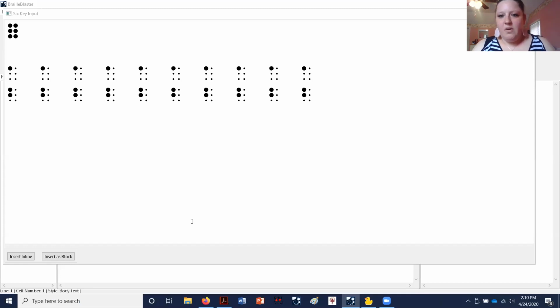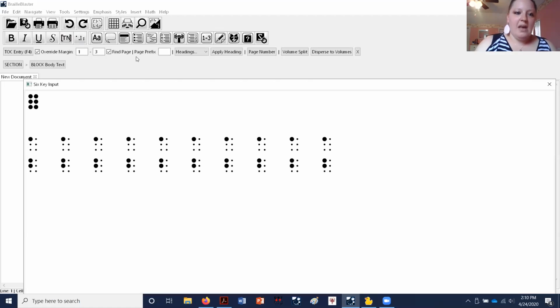To the person that said, I just get the F and D. Was there a setting they needed to set so they can do 6-key entry instead of letter entry? If you are in Braille Blaster, you can either hit F6 or you can go to the Tools tab. Let me show you. If you're using a mouse, I know JAWS I don't believe recognizes this little area.